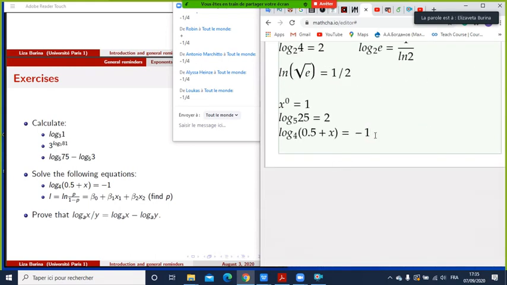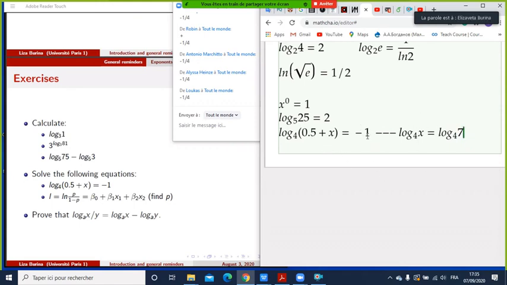Here, given I had something like log 4 of x equals log 4 of 7, I would know that x is equal to 7.